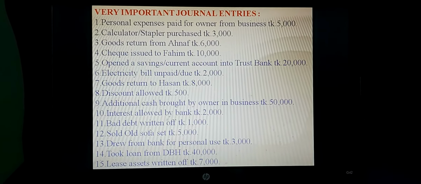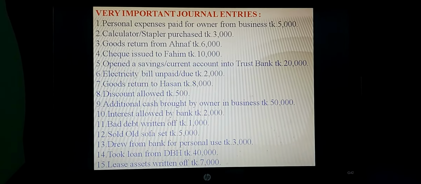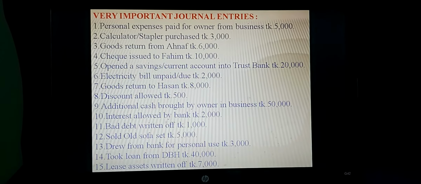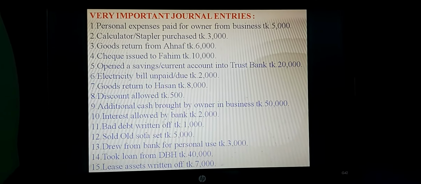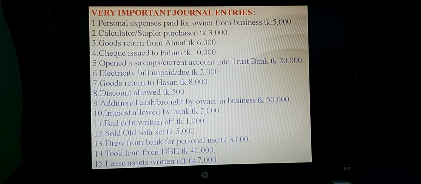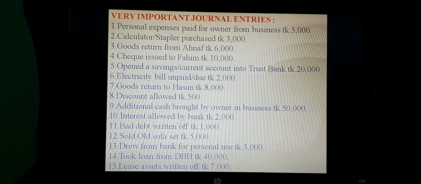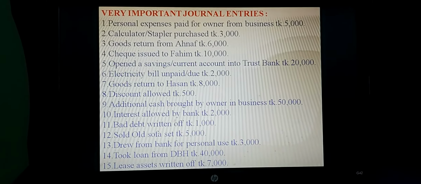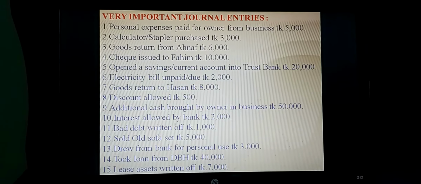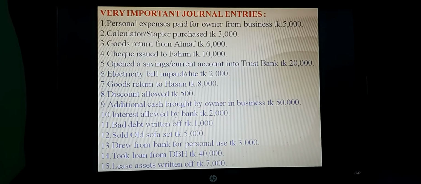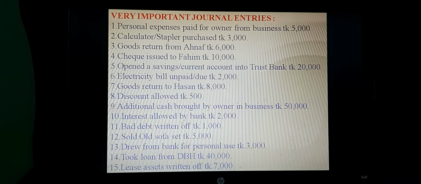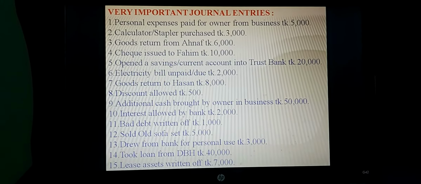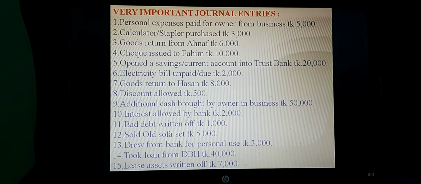Number 6, electricity bill unpaid or due. If electricity bill is paid, then you have written utility expenses debit, cash account credit. But in this transaction this bill is unpaid or due or outstanding, so it has to be paid in future to the payable or creditors. At all times, when electricity bill, telephone bill or gas bill is paid, then it is related to utility bill.